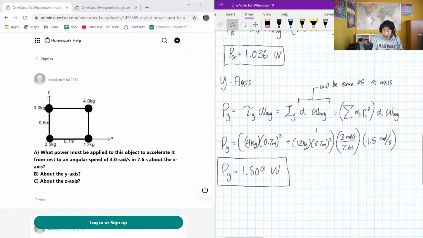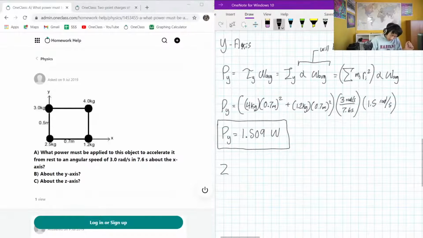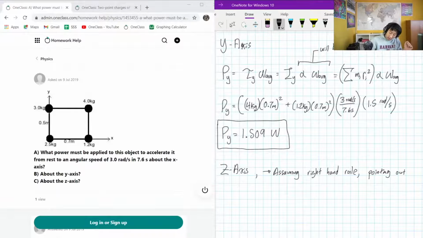Now we want to follow a similar procedure for the z direction. We don't see the z axis on here, but assume a right-hand rule, pointing out of the page.